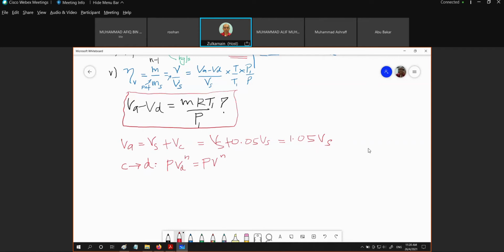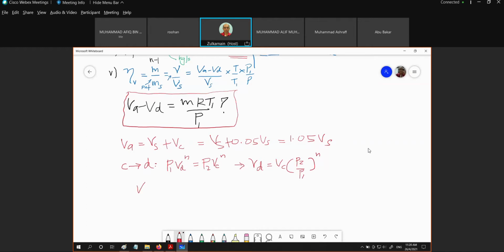The VD is at P1. And at C, this is our clearance volume and the pressure involved is P2. So from here we get VD, which is equal to VC times P2 divided by P1, to the power of n.